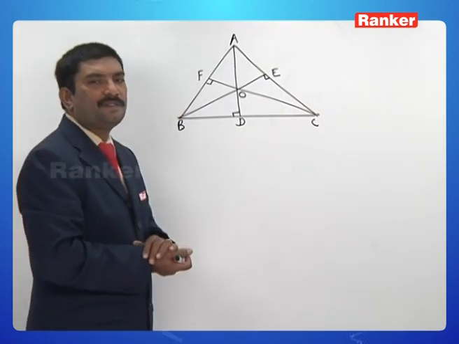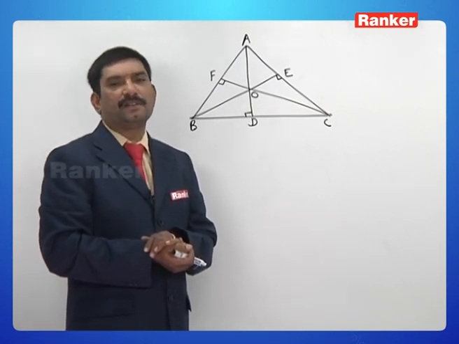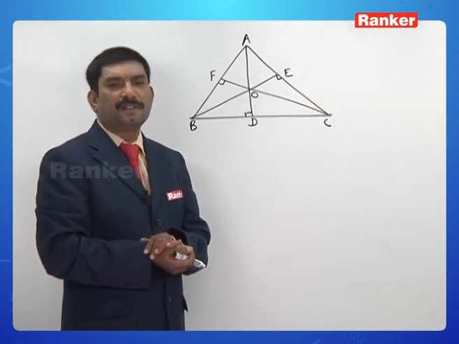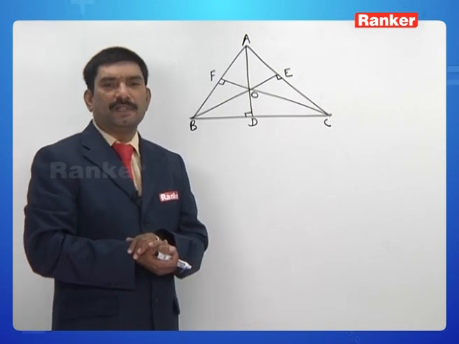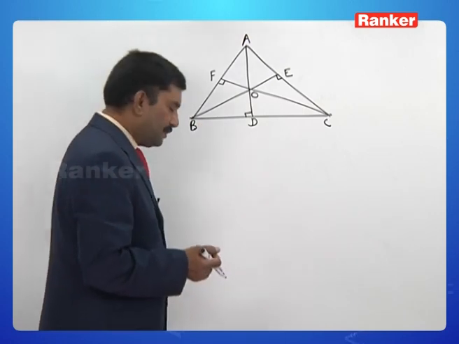Also, in case of a right angle triangle, the point of intersection of perpendicular sides is the orthocenter. Okay, now we have the definition of orthocenter.